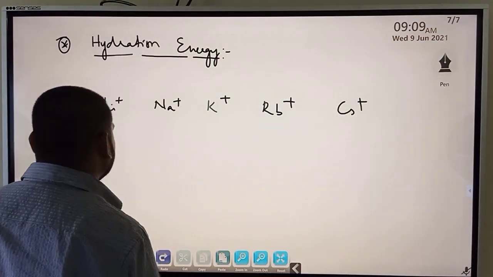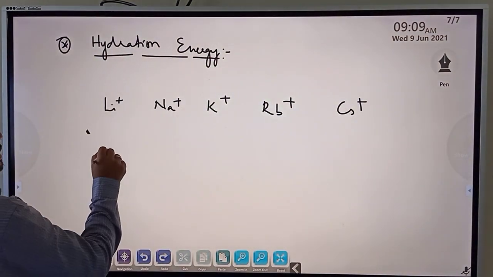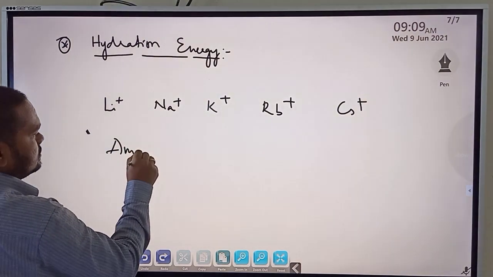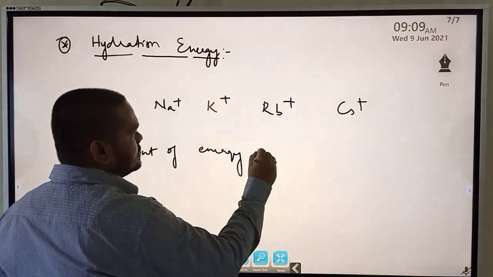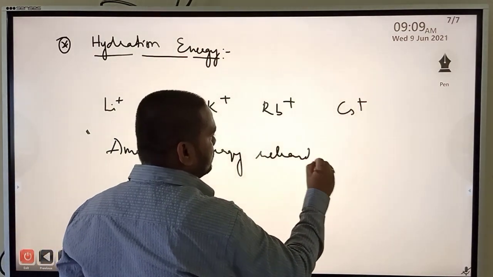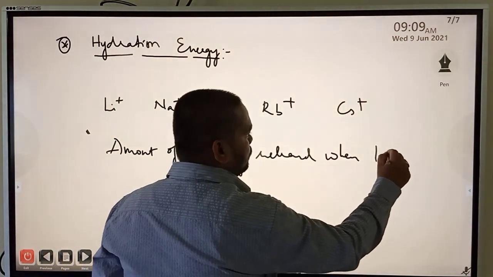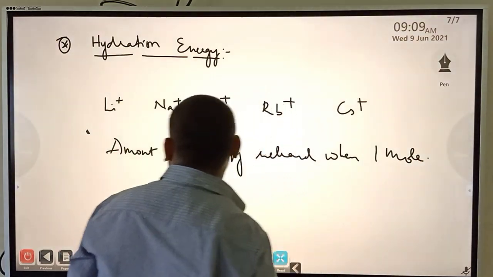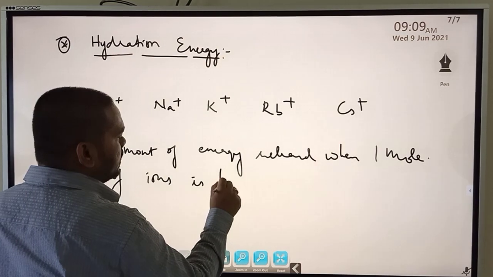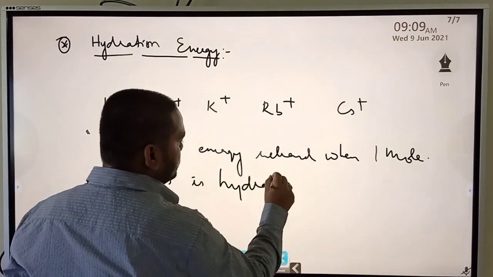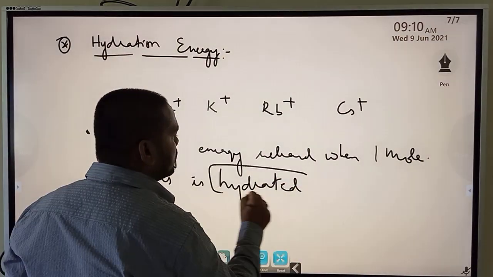I have already said at the very beginning of the class, it is the amount of energy released when 1 mole of ions is hydrated, hydrated meaning getting surrounded by water molecules.